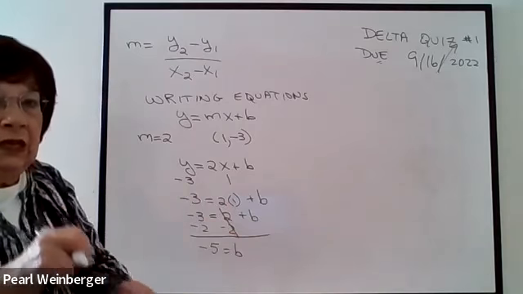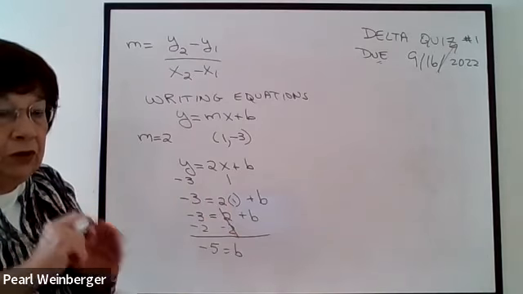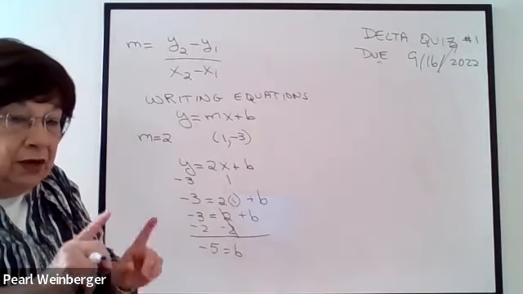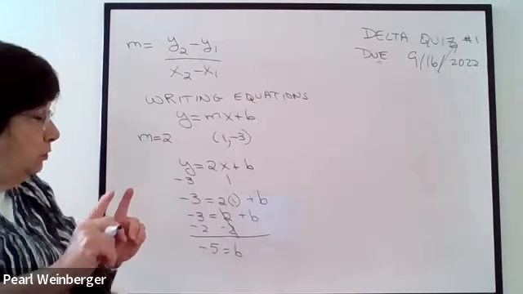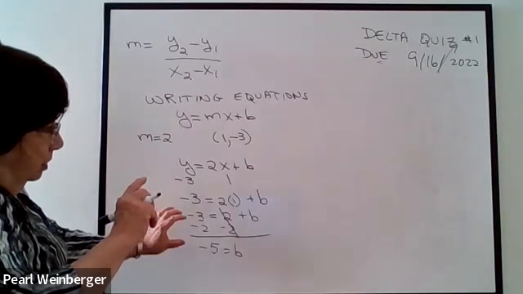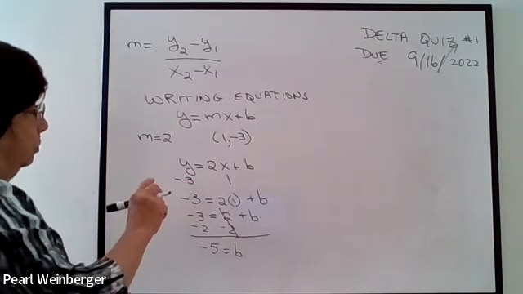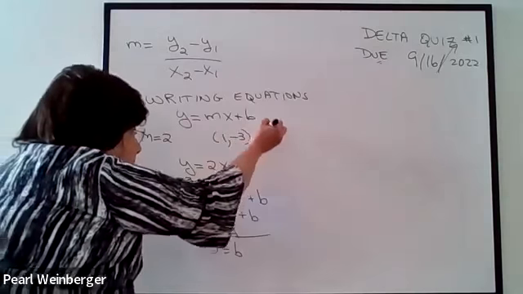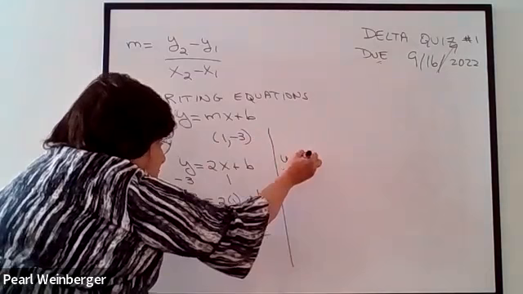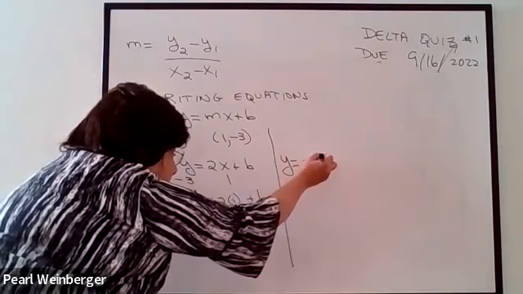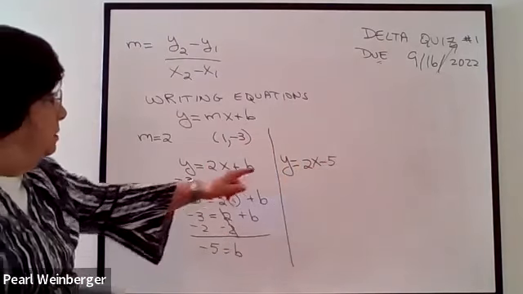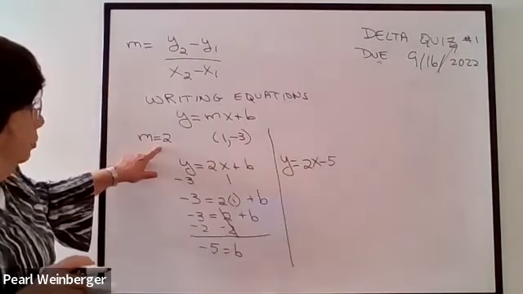By sticking in the point that they told me, all we need is, if I have the slope, I only need to know one other point to figure out the equation of the line. Just stick the point into the equation and it'll work itself out, so that your final answer becomes y equals 2x minus 5. And looking at it this way, we can see that the slope is 2, which is what they told us.